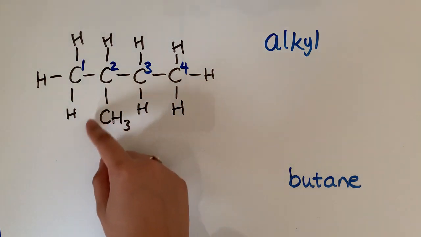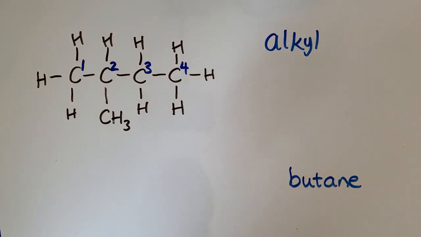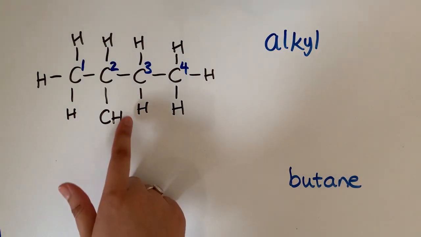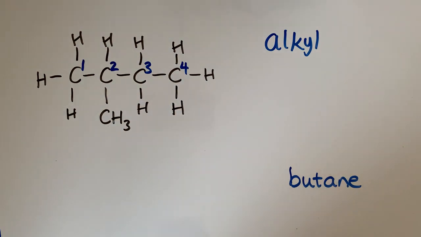So this branch here is called methyl. If we had 2 carbons coming off in the branch, it'd be called ethyl. If we had 3 carbons, it'd be called propyl. 4 carbons would be butyl, and so on. So as a branch, this CH3 is called methyl.